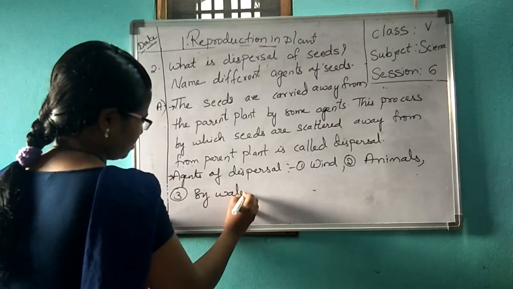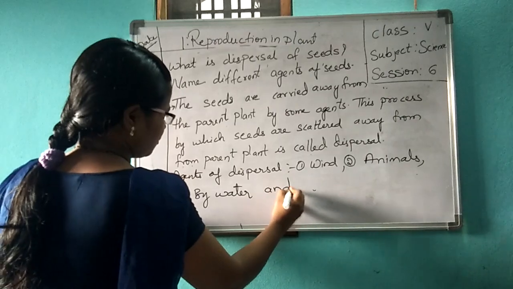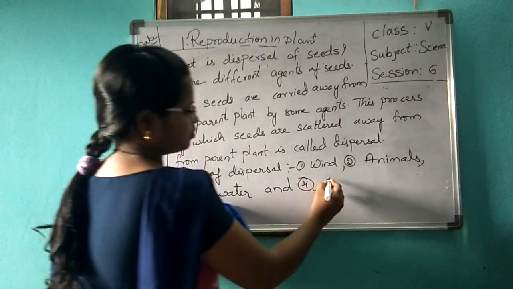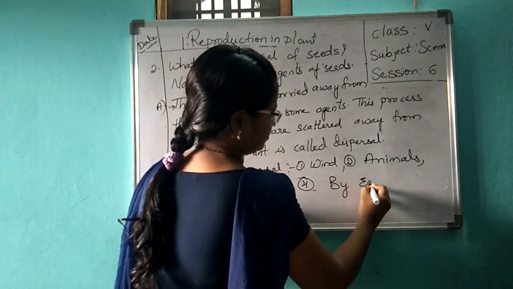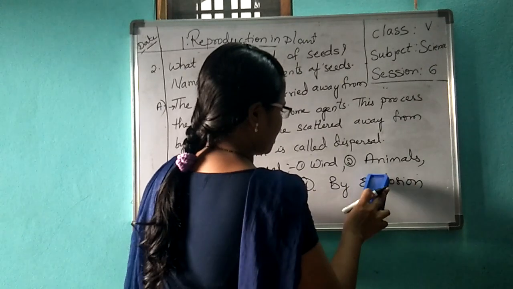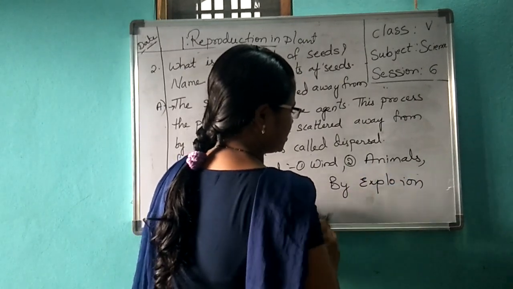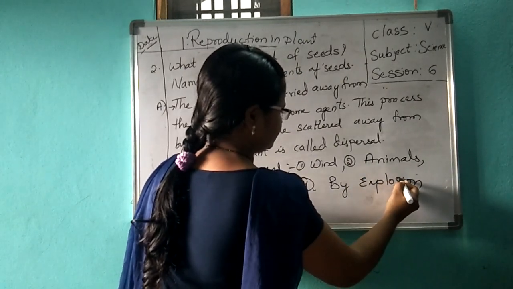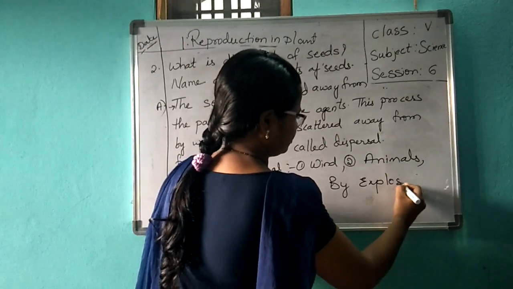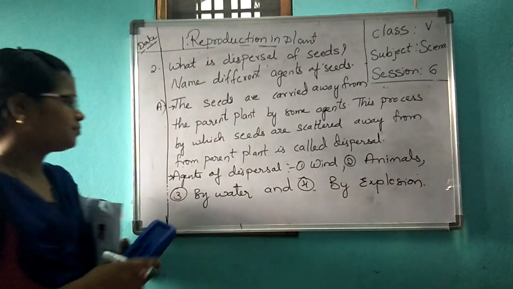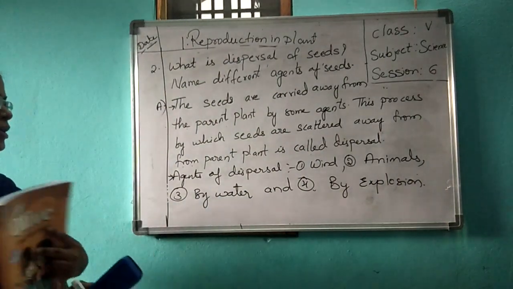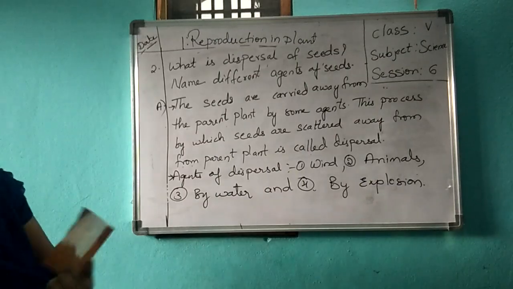And the fourth one is by explosion. Agents of dispersal are wind, animals, water and explosion.